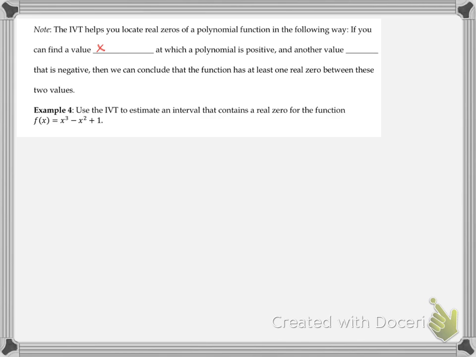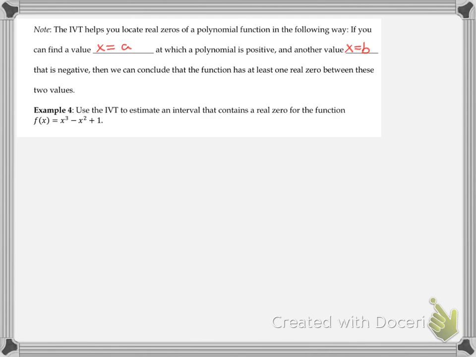If we can find a value, let's say x equals a, at which a polynomial is positive, so f(a) is positive, and another value, let's say b, that's negative, then since we know polynomial functions are continuous, we can conclude that the function has at least one real zero between those two values, okay?